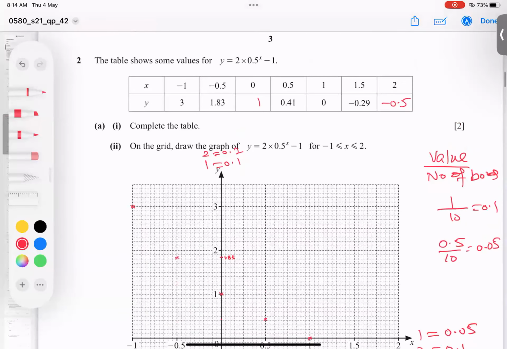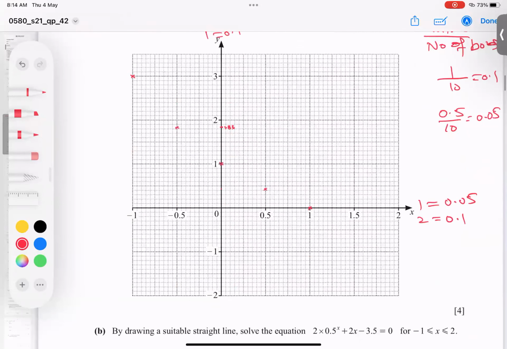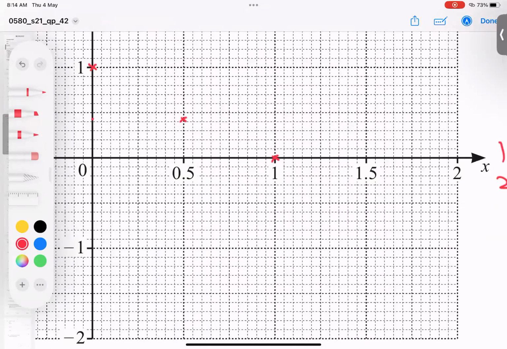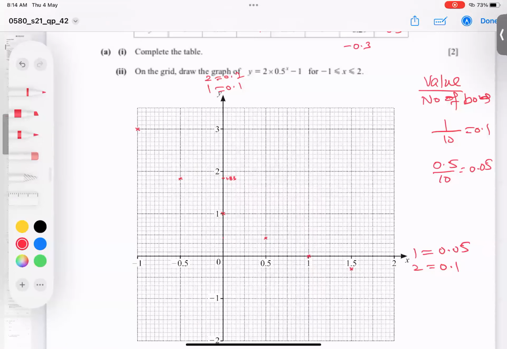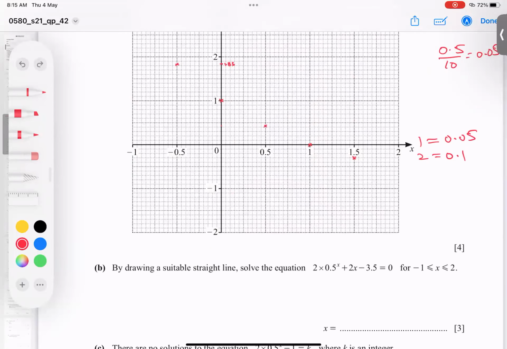Second last point, we are plotting x is 1.5, y is negative 0.29, approximately negative 0.3, which is 3 boxes below. Now 2 and negative 0.5. Negative 0.5 is here.